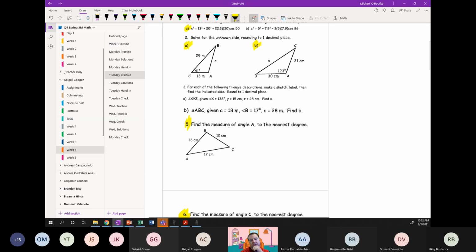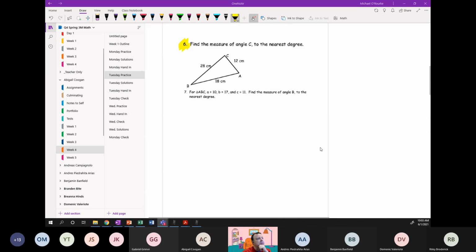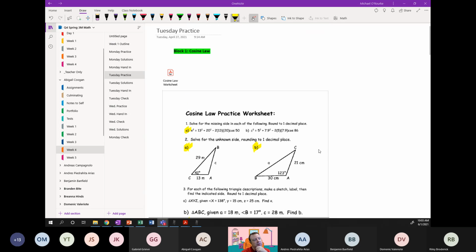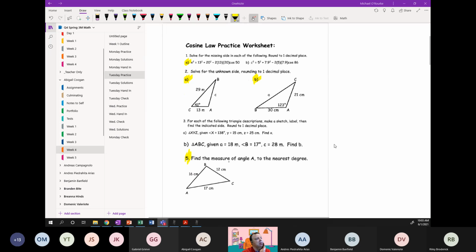I'll write it in chat. Those are the questions that you can do. That's the only ones I'm really concerned about. If you can do those, I'm not going to have you draw triangles on your quiz or test, besides word questions.